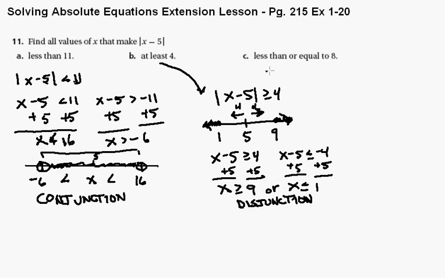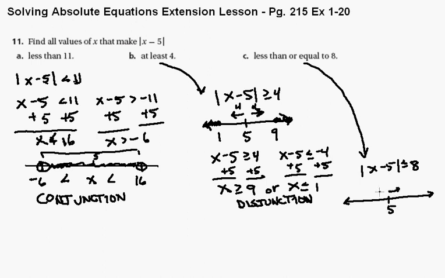Okay? Now let's try this one, less than or equal to 8. So here I have the absolute value of x minus 5 less than or equal to 8. So I bet you my number line, here's 5. I'm going to go 8 out in either direction.